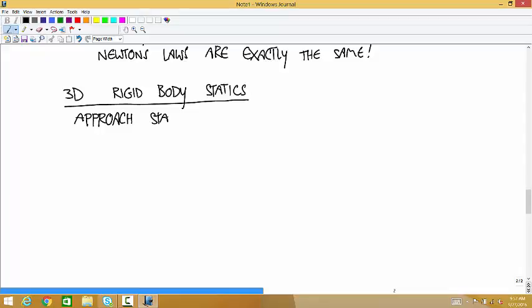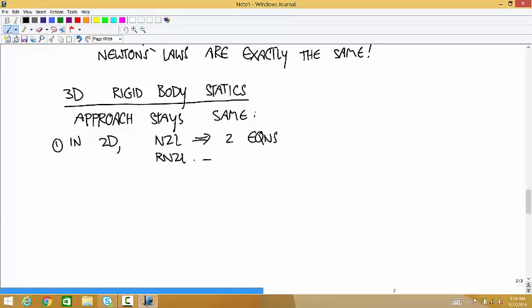You can still use the pancake table, the abbreviated, shorter version of the pancake table. But what changes is in 2D, Newton's second law gives how many useful equations? 2. The moment equation gives how many? 1, yep.